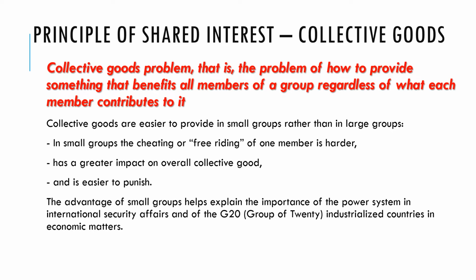So the advantage of small groups helps to explain the importance of the power system in international security affairs and of the G20 industrialized countries in economic matters, because those 20 industrialized countries are basically working towards the idea of globalization and industrialization, and are a major driver of how the economic system works.